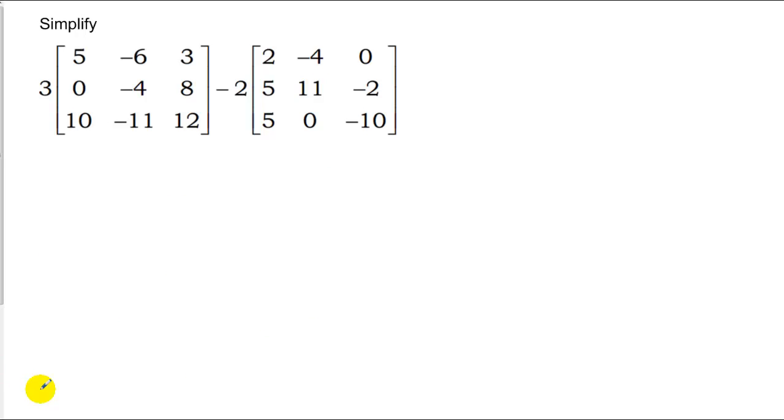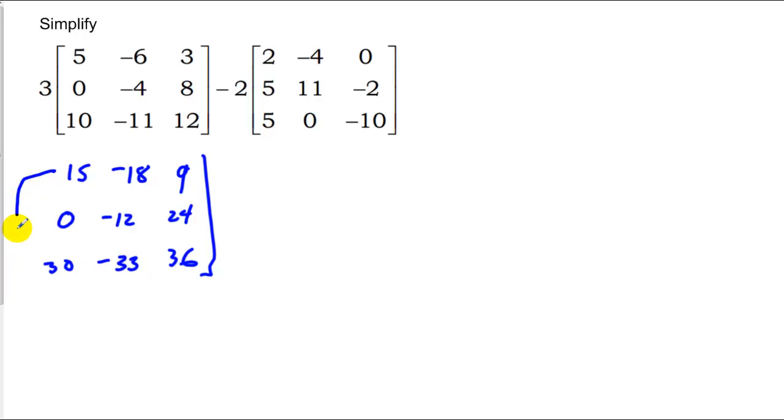If I want to do a little more complex multiplying and adding and subtracting, I take a look at this example. I've got two scalars I'll need to multiply, so that gets me a total of 15, negative 18, 9, 0, negative 12, 24, 30, negative 33, 36. It's one scalar multiple.